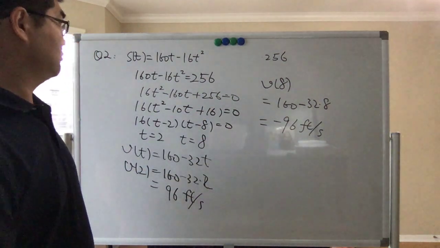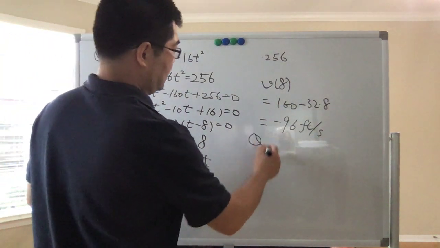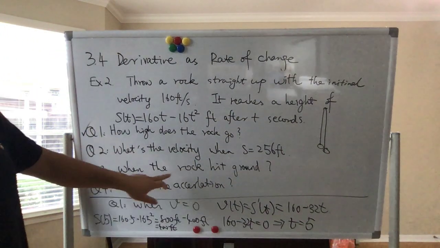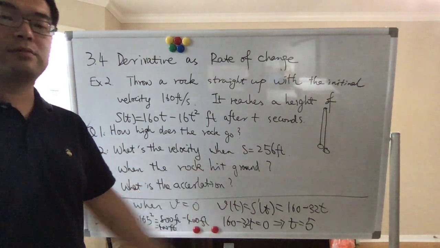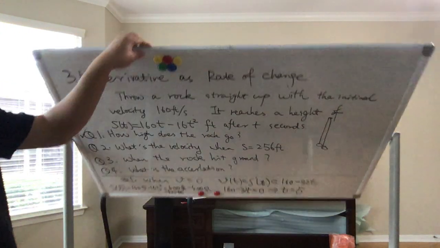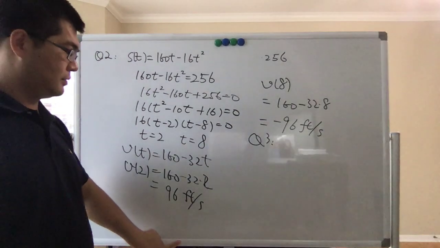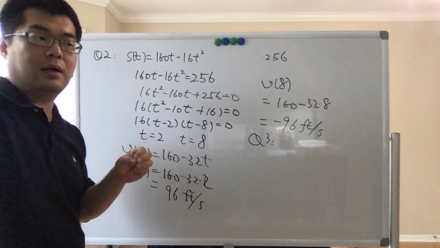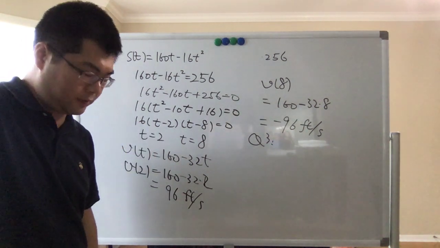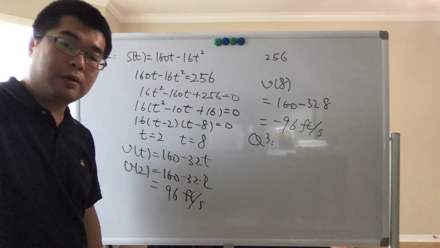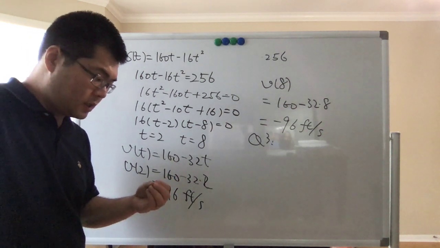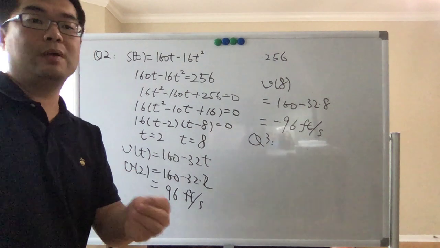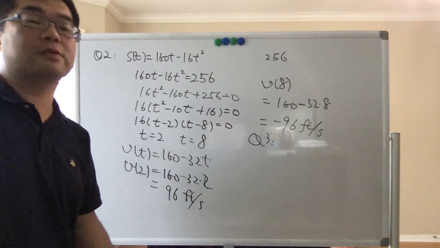So that's problem 2. Let's look at what problem 3 says: when does the rock hit the ground? Since s of t is the height of the rock above the ground, do you agree that there are only two moments when the rock is on the ground? Initially, when time equals 0, the rock is on the ground, before I throw it up.